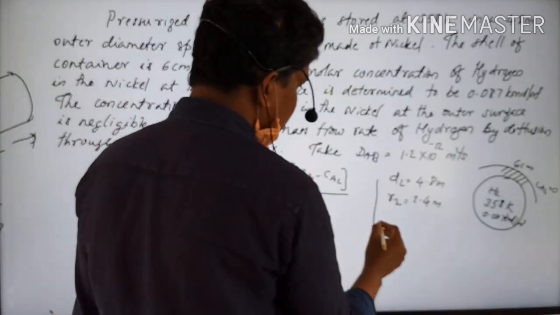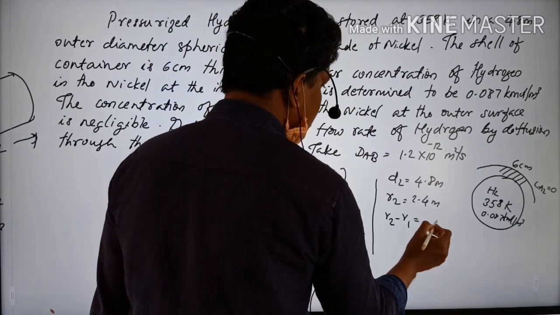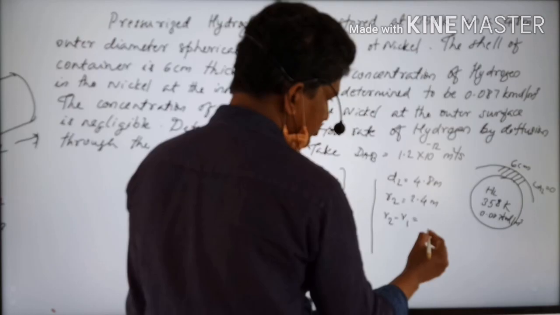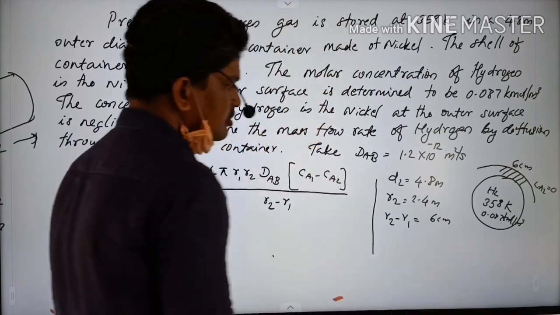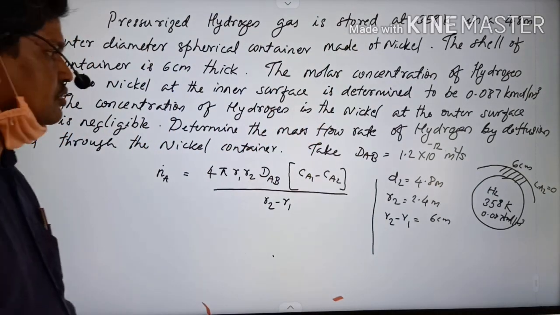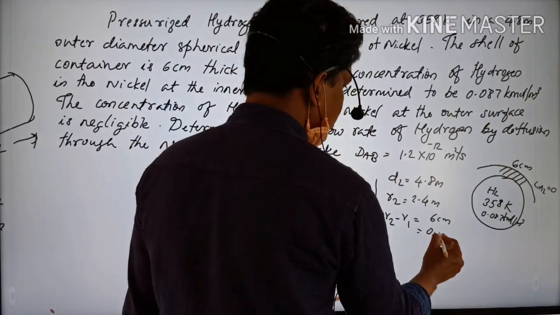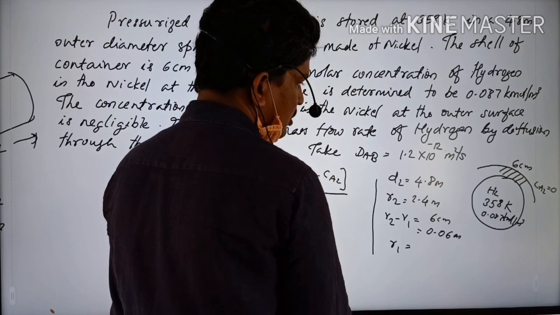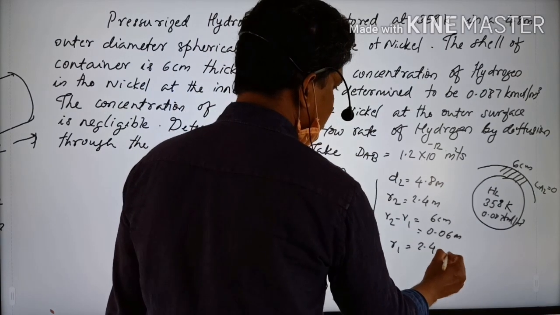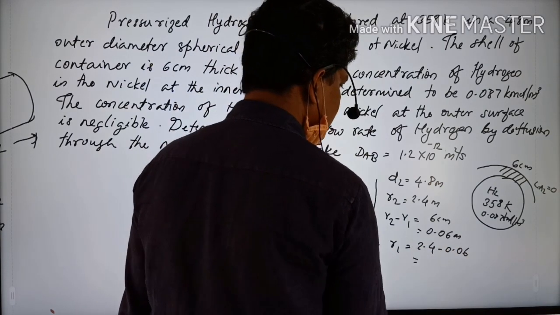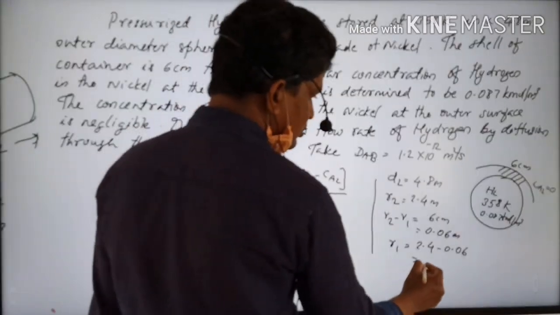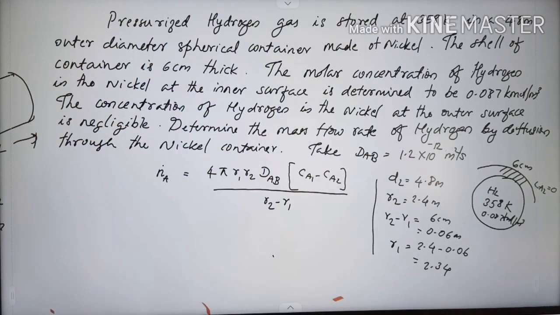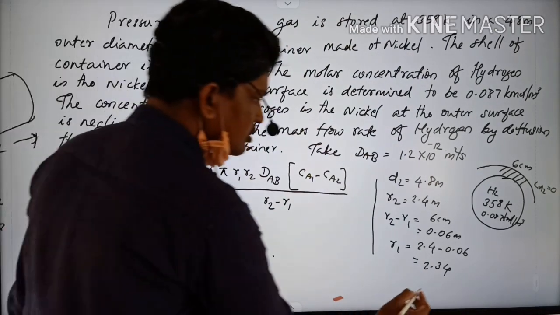So R2 minus R1 is equal to 6 centimeter, which is equal to 0.06 meter. Therefore R1 is equal to 2.4 minus 0.06, which is equal to 2.34 meter.